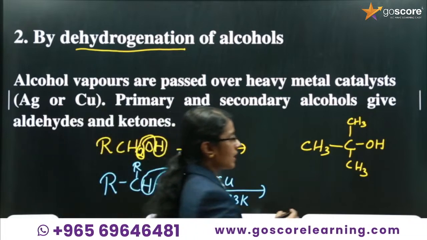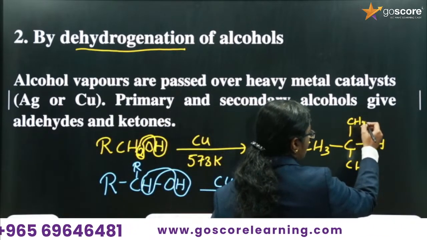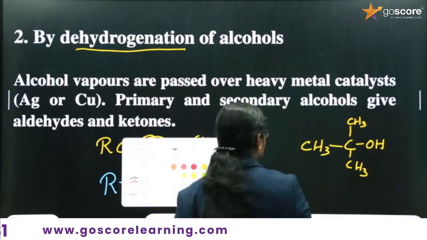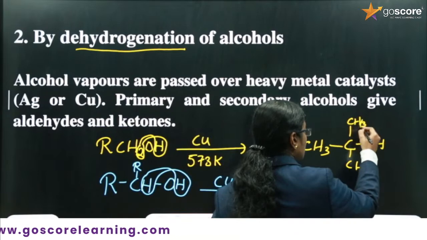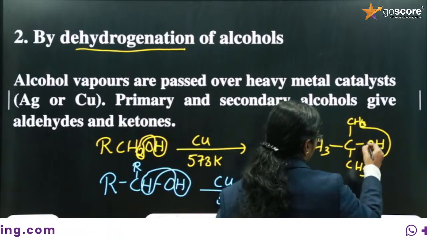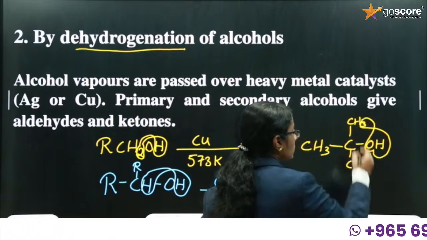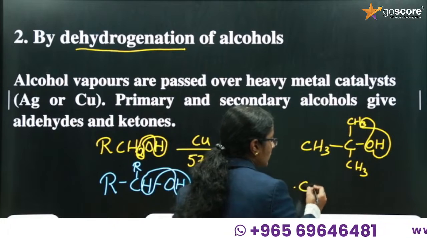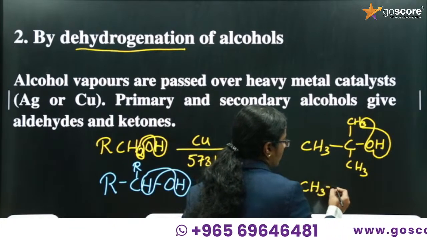So we will get alkene. One hydrogen from this carbon will be eliminated as a water molecule along with the OH, and the bond will shift to this carbon atom. The corresponding alkene will be obtained.